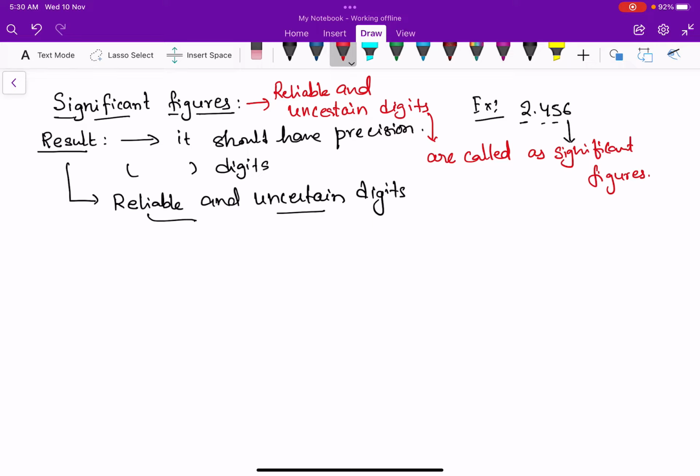Now what are the rules and how to count them?